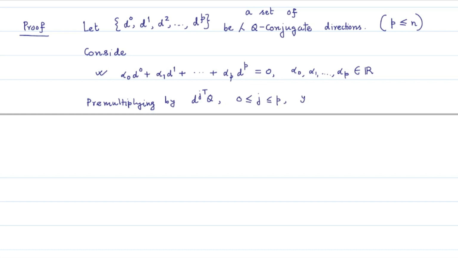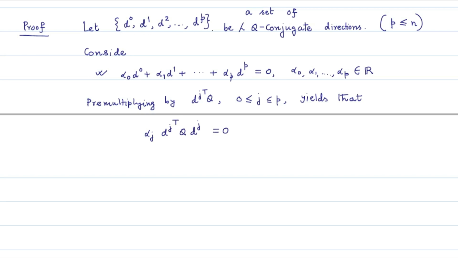This pre-multiplication will yield that alpha j times dj transpose q times dj is equal to 0.